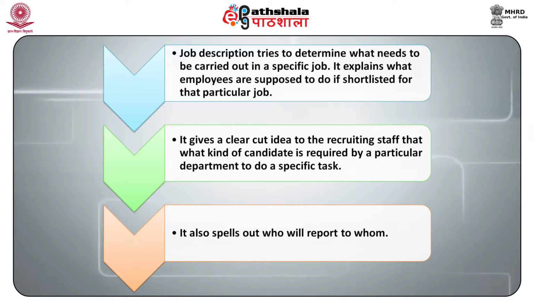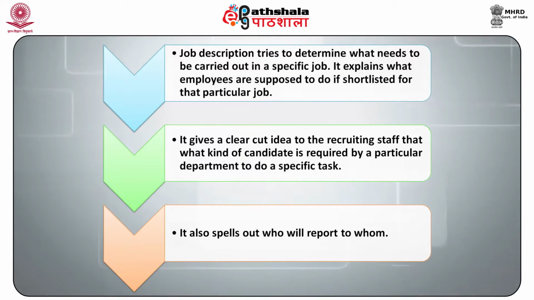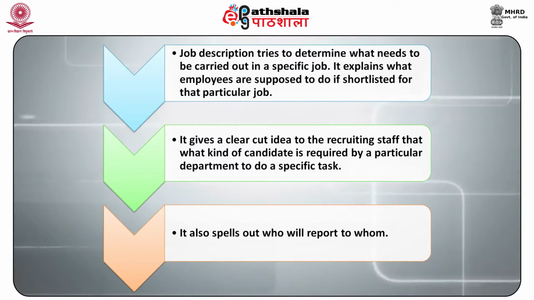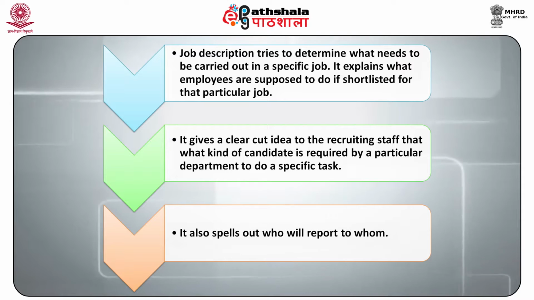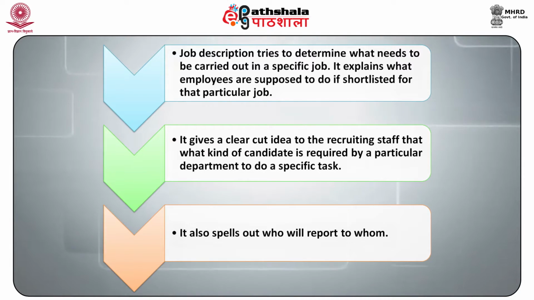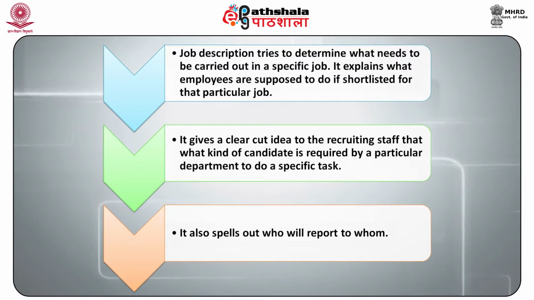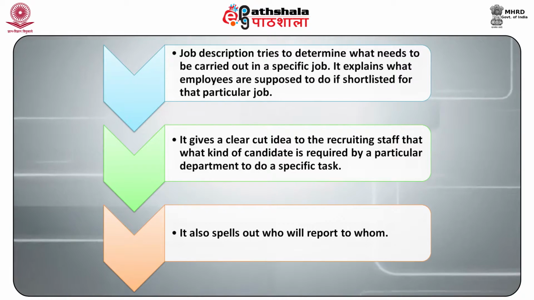It explains what employees are supposed to do if shortlisted for that particular job. Secondly, it gives a clear-cut idea to the recruiting staff what kind of candidate is required by the particular department to do a specific task. And third, it also spells out who will report to whom and who will perform the work.